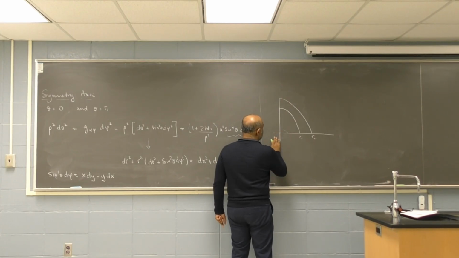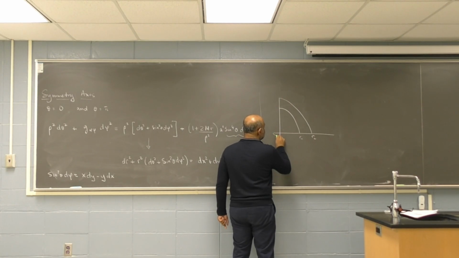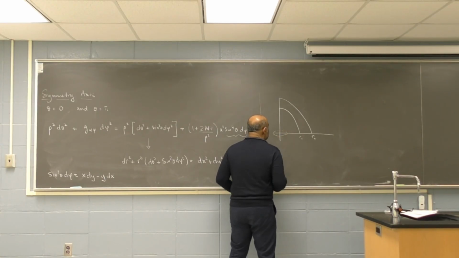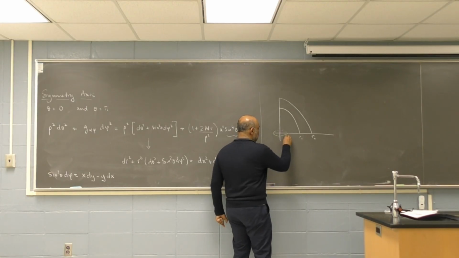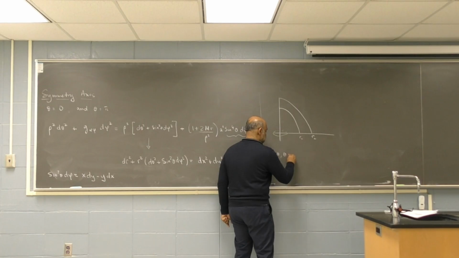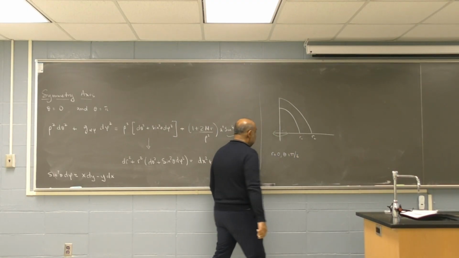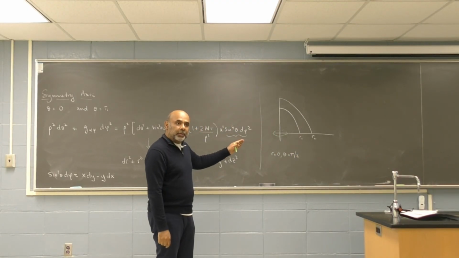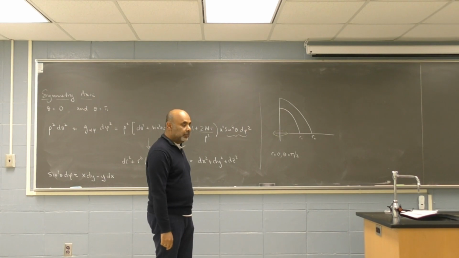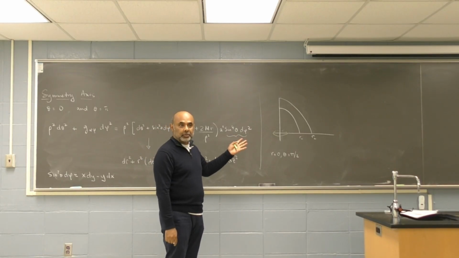Well, let me try to draw a 3D version of it. Yep, so this is r equals 0. r equals 0, theta equals pi over 2. But that's the only place there's a singularity. There's no singularity at r equals 0 for any other angle.